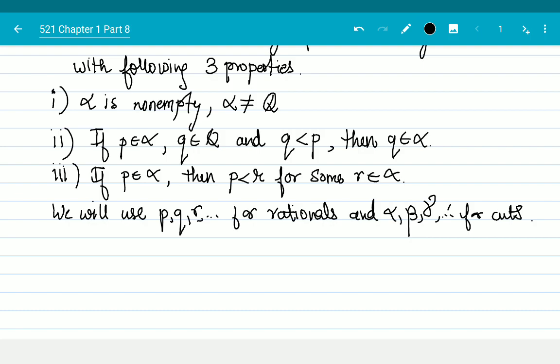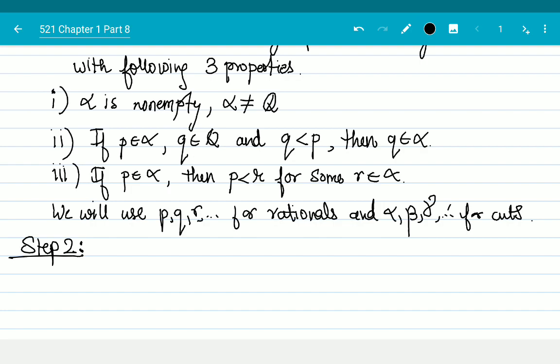So in terms of thinking of it as an interval, it's an open interval at alpha, if I call the cut alpha.